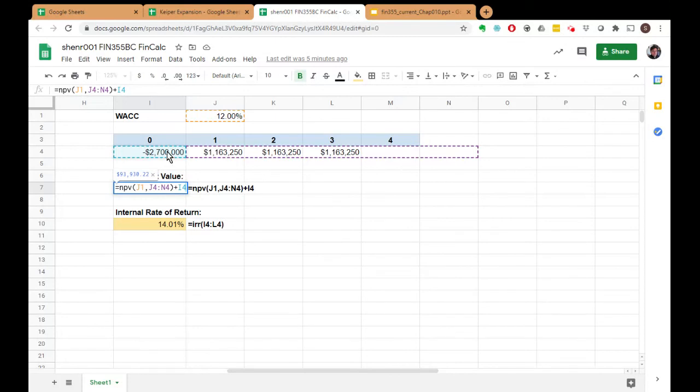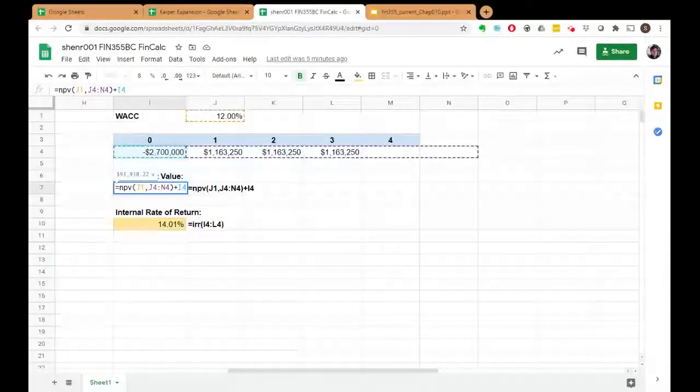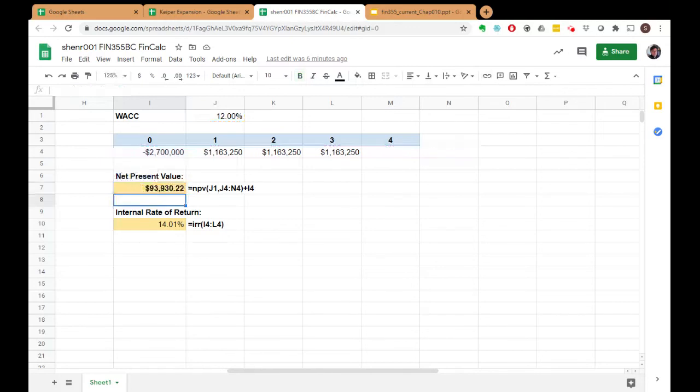I add back to that the negative cash flow occurring at time 0 because it's already in present value terms. Again, it's a little quirk with the way the NPV formula works in Excel or in Google Sheets, but something you have to get used to. And the answer comes out to be $93,930.22. Positive.